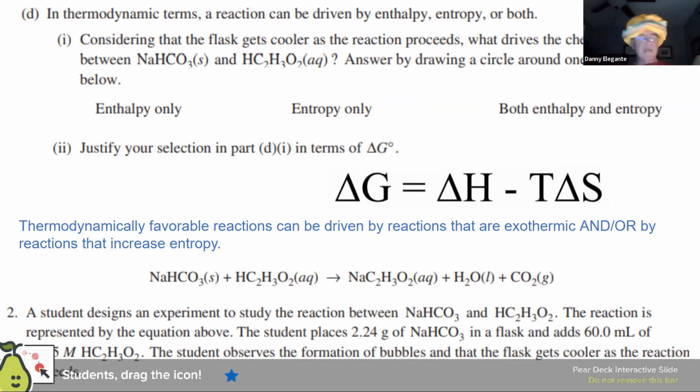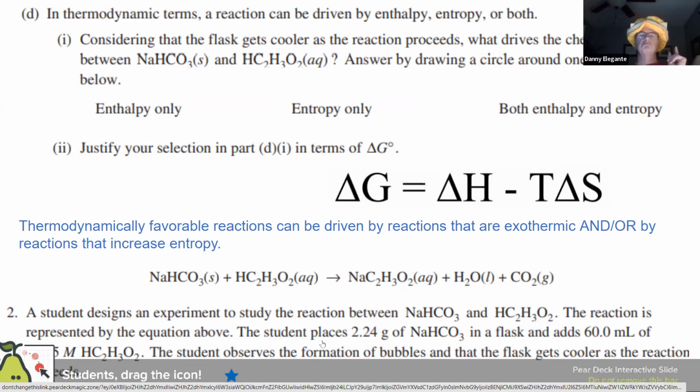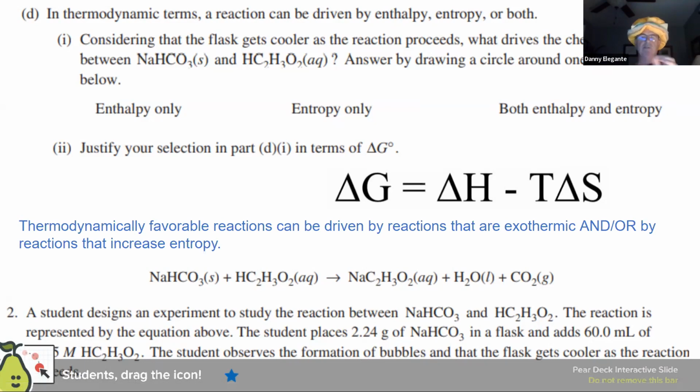And a solid tends to be very ordered, very low entropy, right? So I'm going to circle entropy only, right? And then justify your selection. It could be all kinds of things, right?